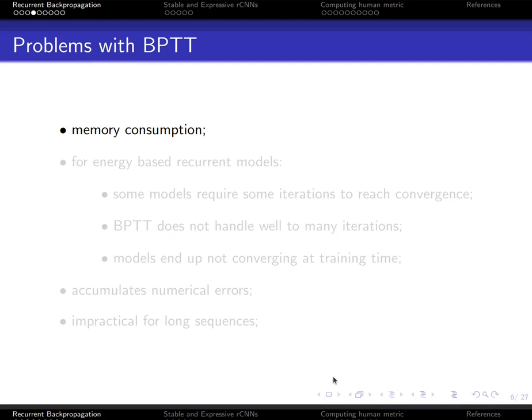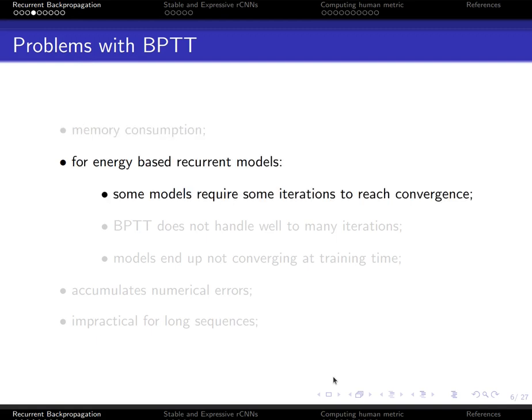Now, these are some disadvantages. We have to store all of those states, so there are memory consumption issues. For energy-based models, which is something I'm really interested in, they sometimes take a lot of iterations to converge, and storing all of those states is not feasible.